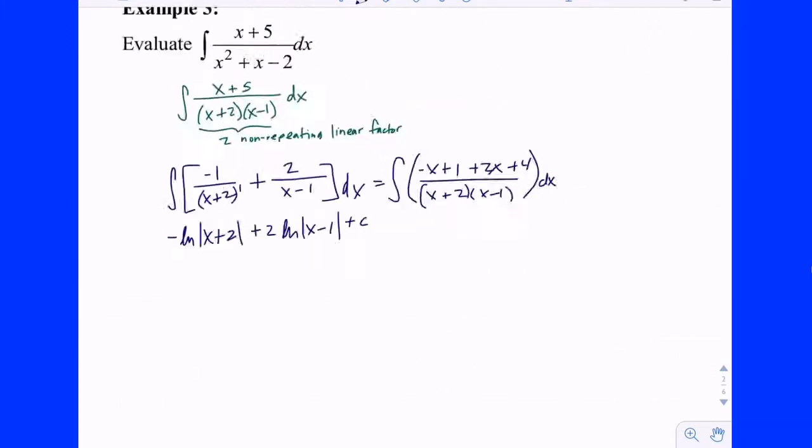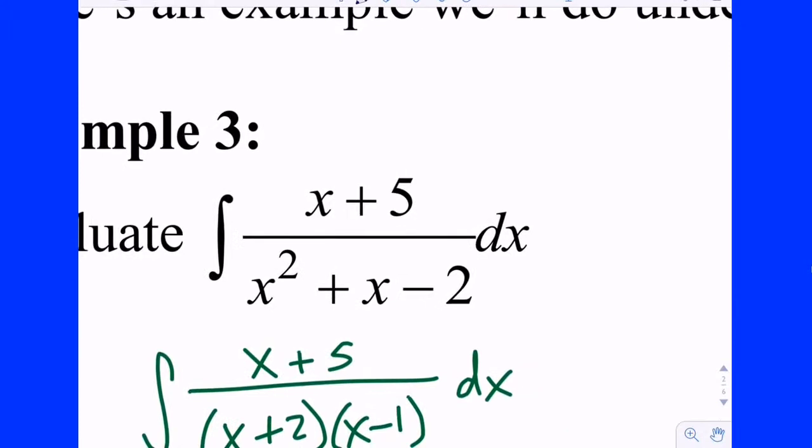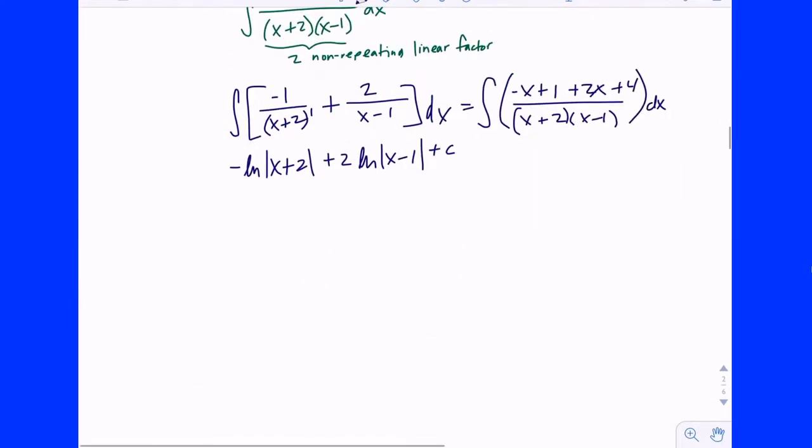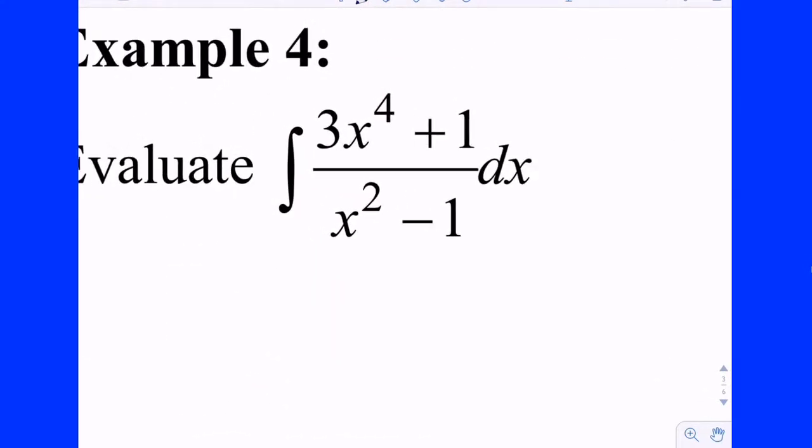If you notice up here, the degree of the numerator in relation to the degree of the denominator was smaller, right? We said if the degree of the top was greater than or equal to the degree of the bottom, what strategy that we've already talked about might we have used? Long division. That's still going to be a priority because the Heaviside decomposition method only works when the degree of the numerator is smaller than the degree of the denominator.